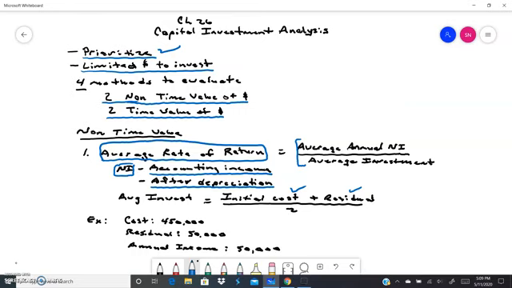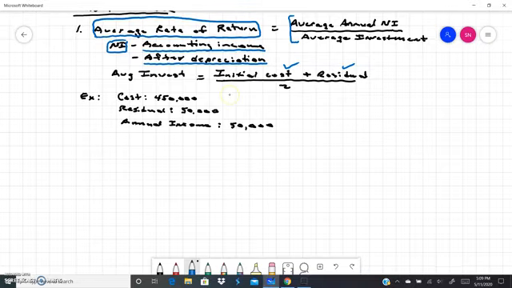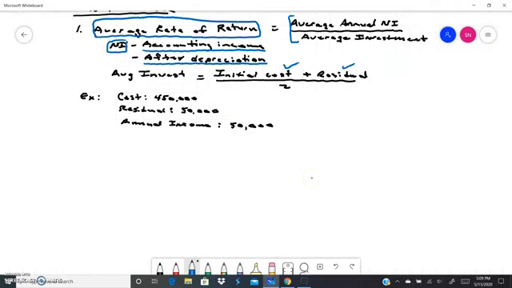So let's see how that works. I've set up an example. Let me move the screen down a little bit. So here we have the cost of our asset is $450,000. Residual value is $50,000, and the annual income we're going to derive is $50,000 per year.